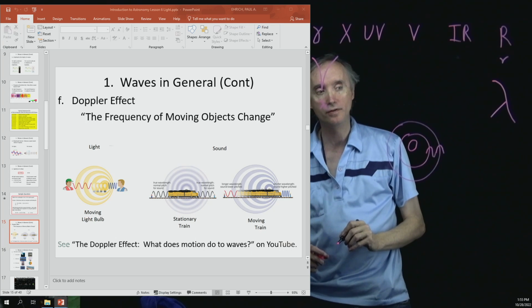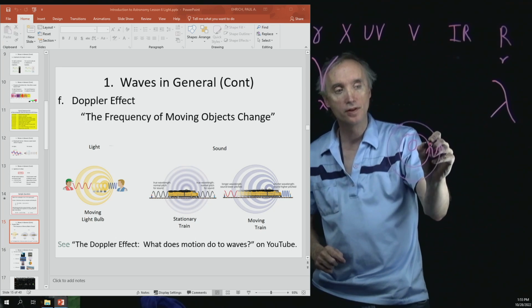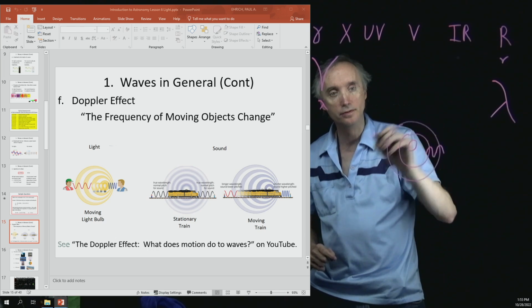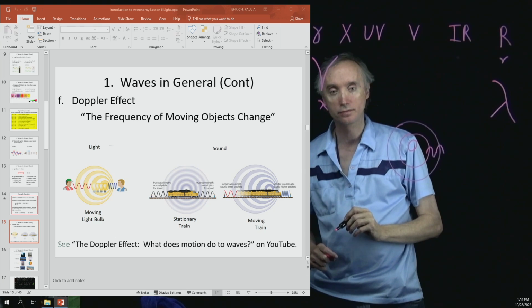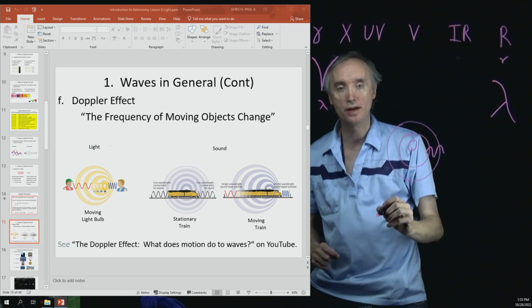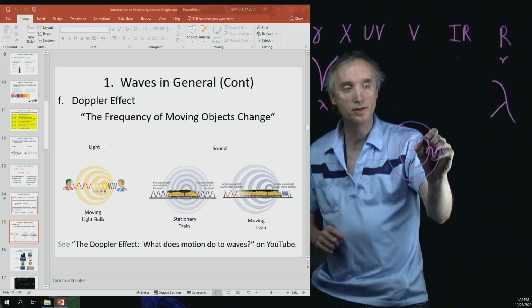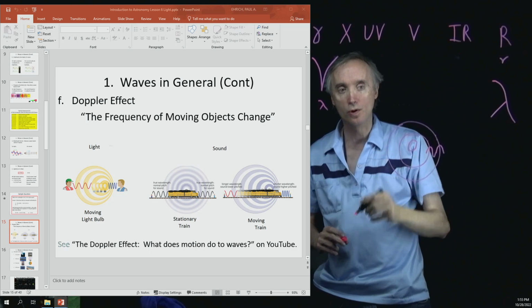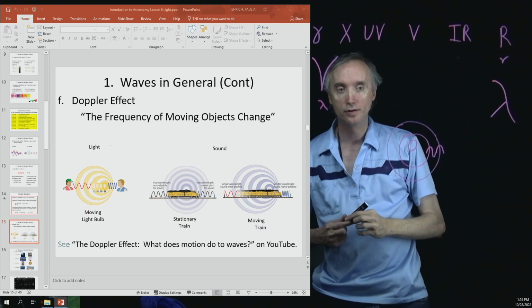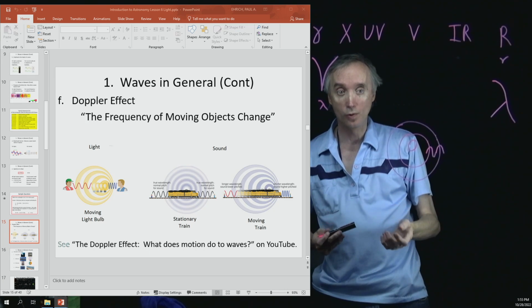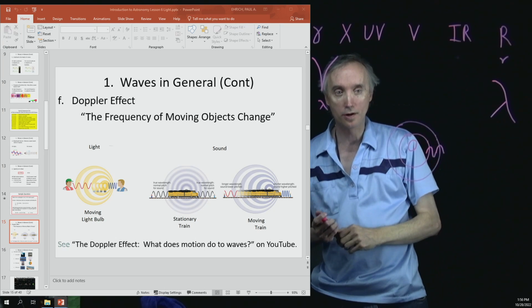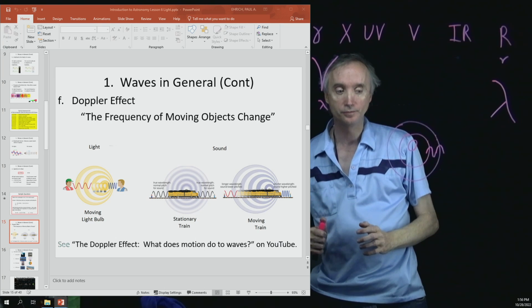Can you see the wave there? Therefore, the distance from this line to this line is the wavelength. He didn't mention that in the video, but the distance between the lines is the wavelength. Now this is what would happen if the source of the waves, which in this case was my finger poking the water, was not moving.